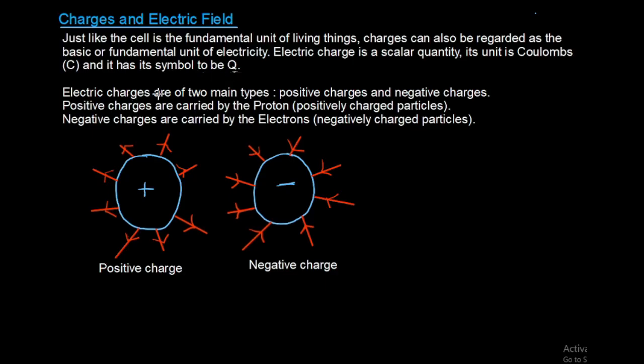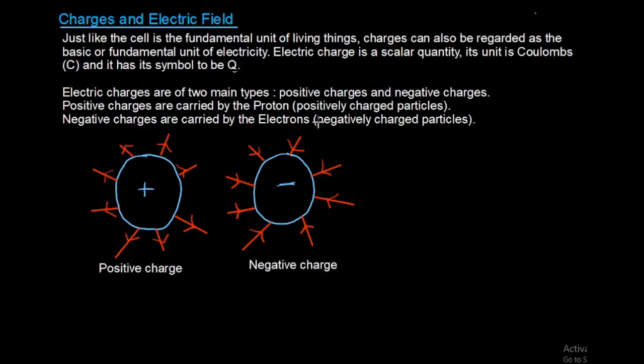Now, electric charges are of two main types. We have the positive charges and the negative charges. The positive charges are carried by the protons, which are known as the positively charged particles, and the negative charges are carried by the electrons, which are known as the negatively charged particles.